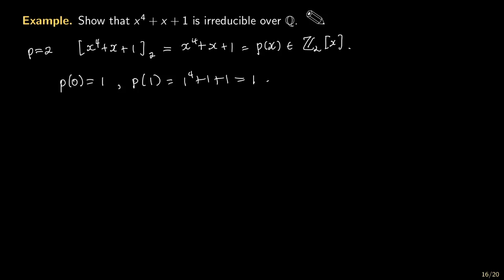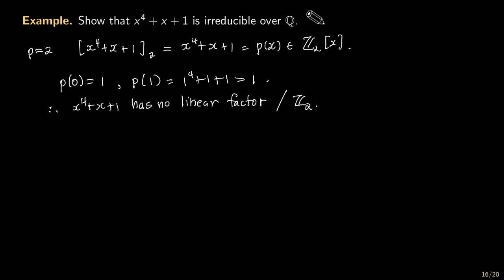So none of this is 0. So we can only conclude one thing. We cannot conclude about its reducibility or irreducibility over Z2. We can only say that x to the 4 plus x plus 1 has no linear factor over Z sub 2. That's the only thing that we can conclude right now.